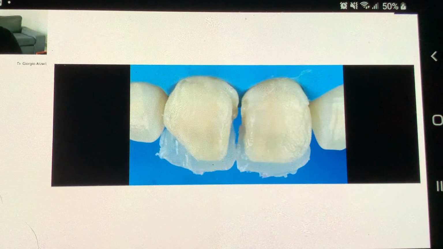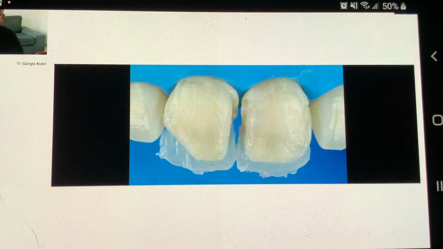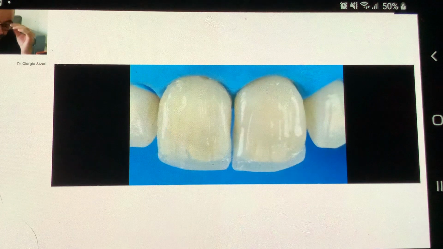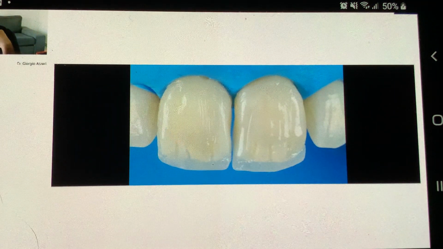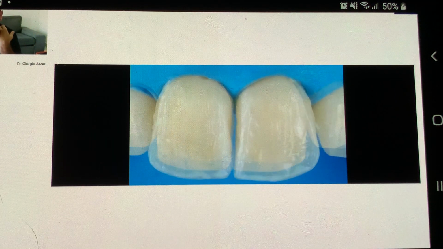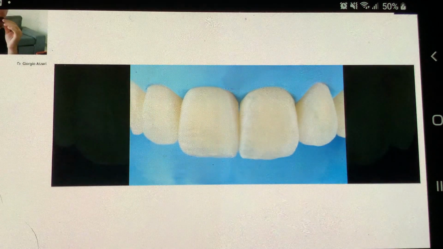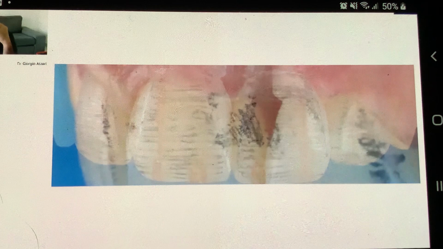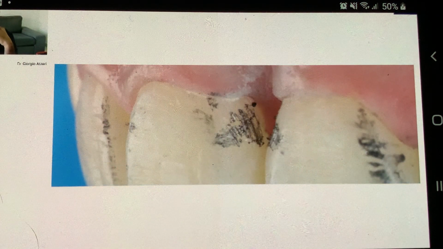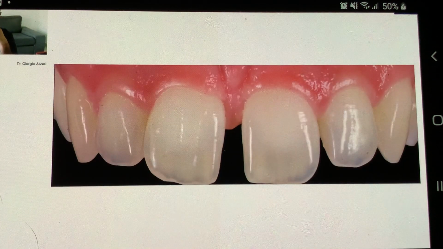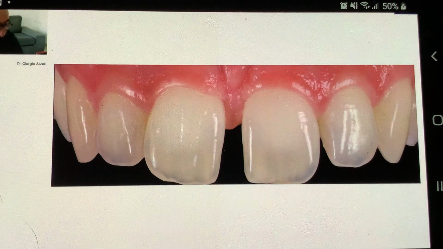So I reconstruct these emerging parts, not only vestibular but also interproximal. I reconstruct the body of the tooth and the margins, and in the end, this is the final outcome, which of course must be managed also through the polishing, where we can have retreat.